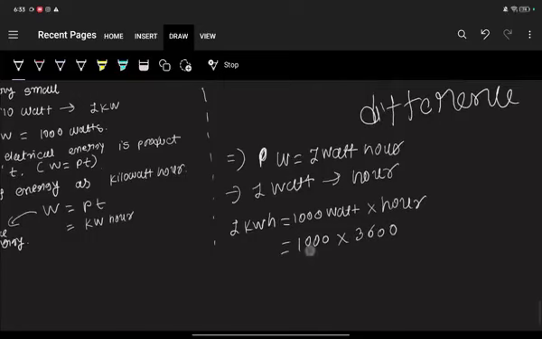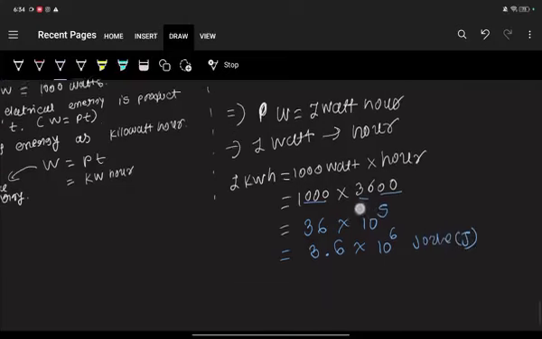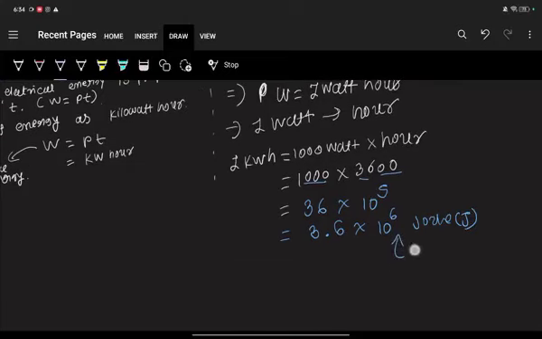Okay, that means 3.6 into... let me first write it as 36 into how many zeros will be there? 3 and 2, which is 10 raised to 5, or we can write it as 3.6 into 10 raised to 6 joule, or this is watt second.